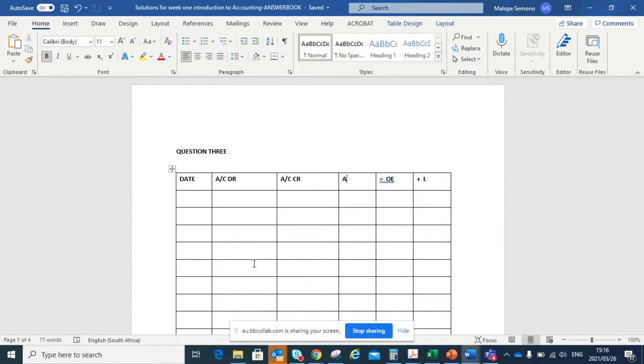Like I said, this means account debited, account credited, assets, owner's equity, or equity only if you want to call it that, and then liability. So I'm going to show you how to record.